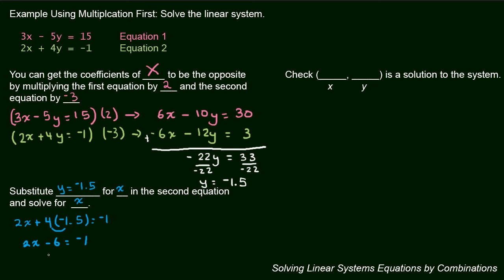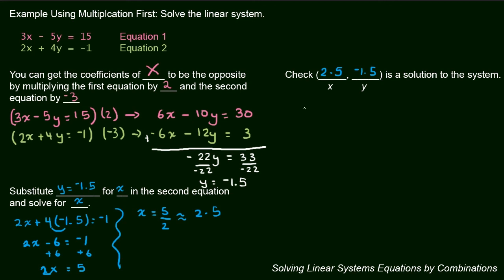Isolate 2x by adding 6 on both sides, and I get that 2x is equal to a positive 5. Isolate your x by dividing both sides by 2, and you get x is equal to 5 halves, which is approximately 2.5. So my value for x is 2.5, and my value for y is negative 1.5, and I am going to check my equations to make sure that this is the solution to the system.